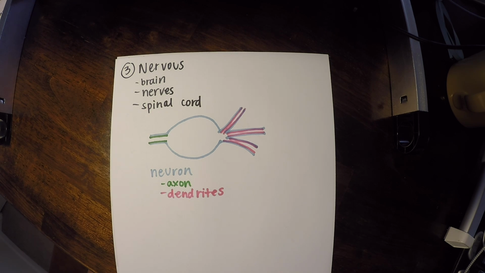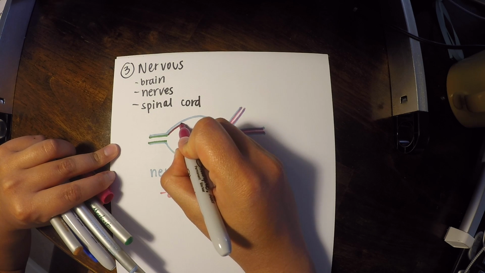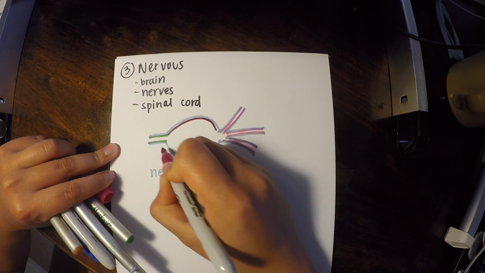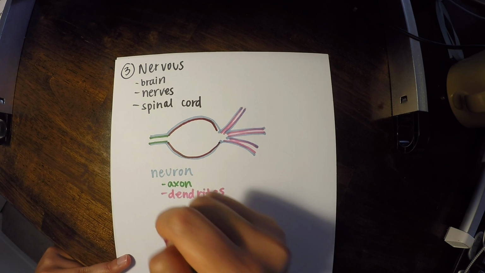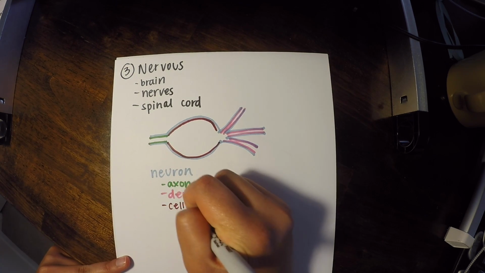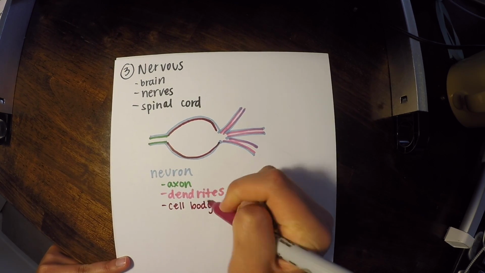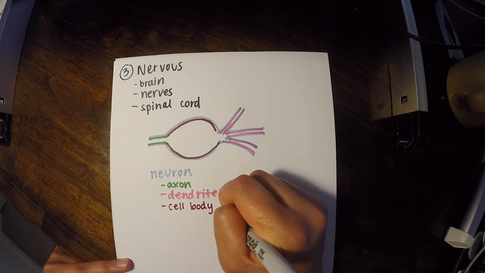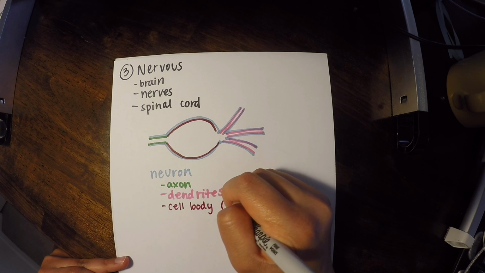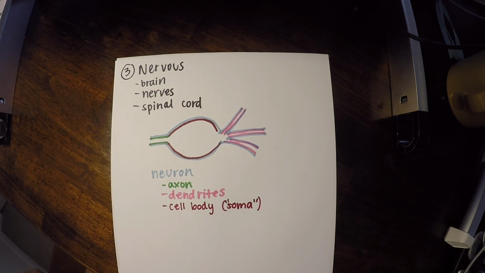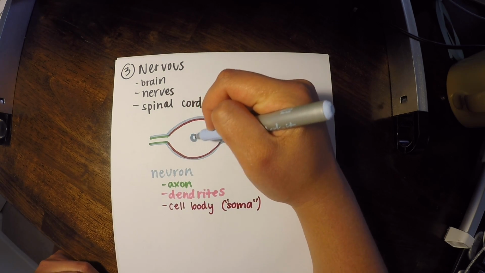And we're also going to have this circular type structure here, and that is our cell body, also known as the soma of the neuron. And for the neuron, we're also going to have a nucleus in the center.